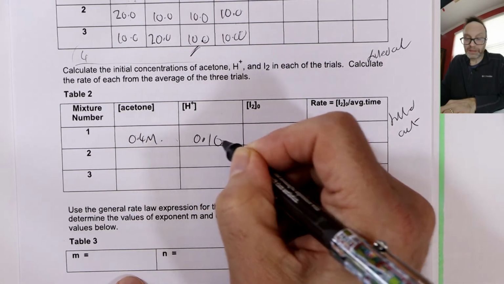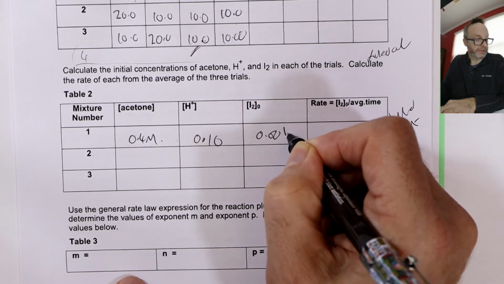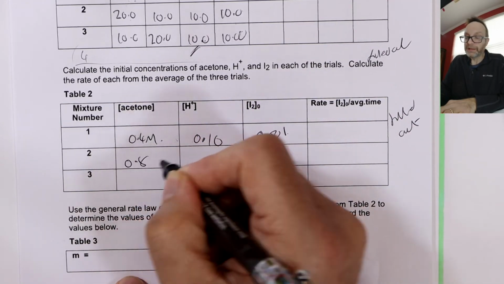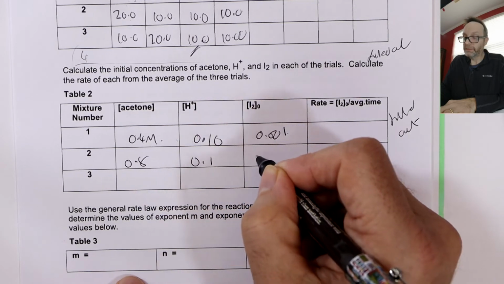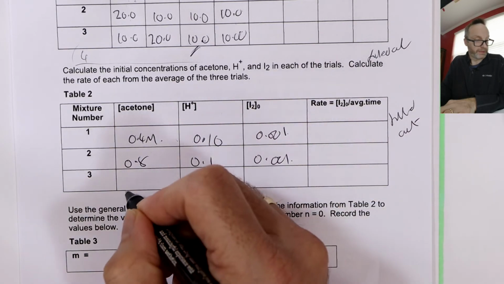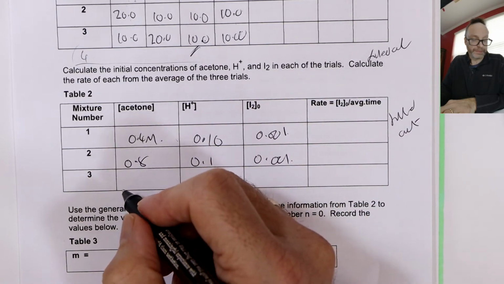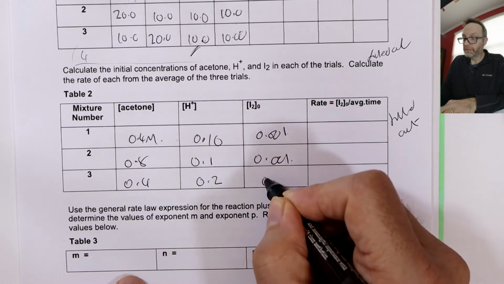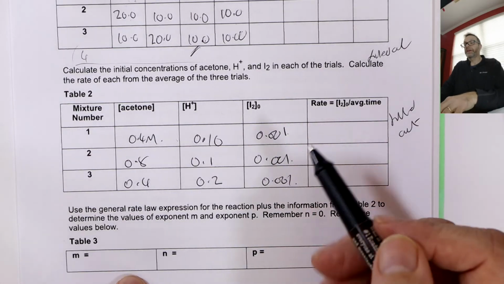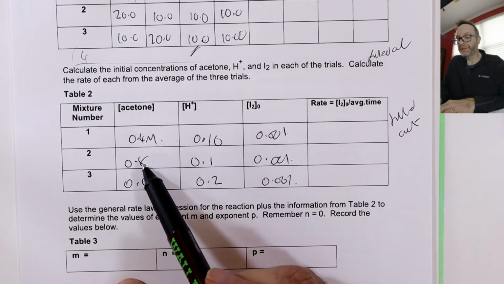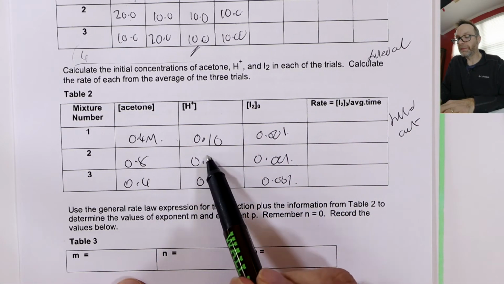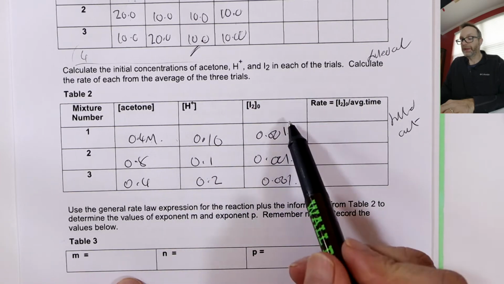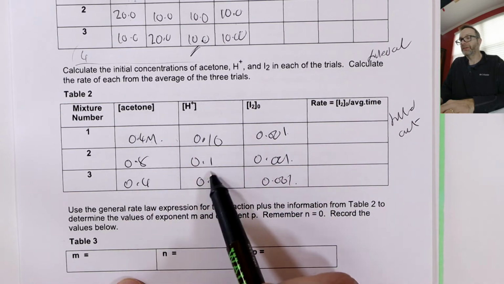And then 0.1, 0.001, 0.8, 0.1, 0.001, 0.4, 0.2, 0.001. Okay, fair enough. So this is where we see the doubling and the doubling, right? And iodine is kept constant in each case, and these are our variables, right?